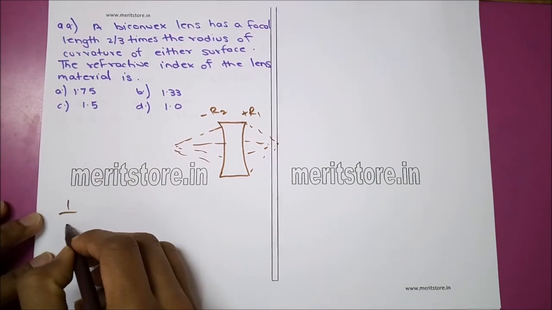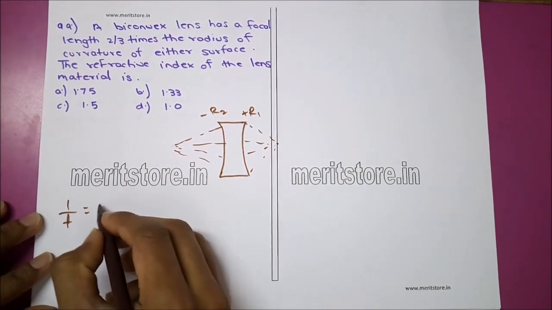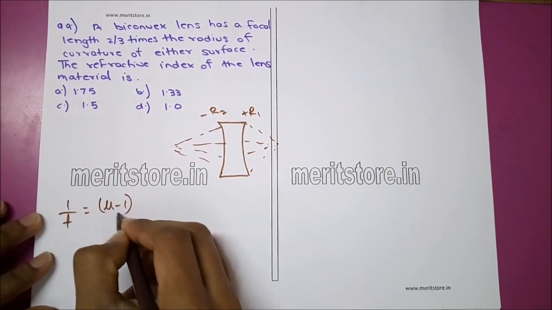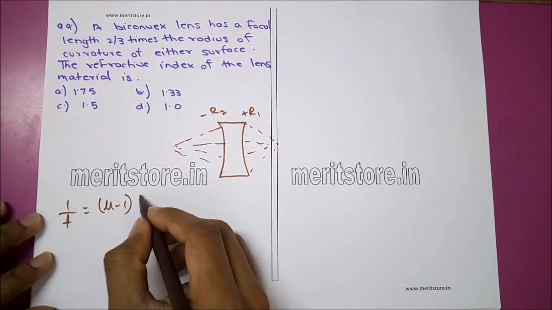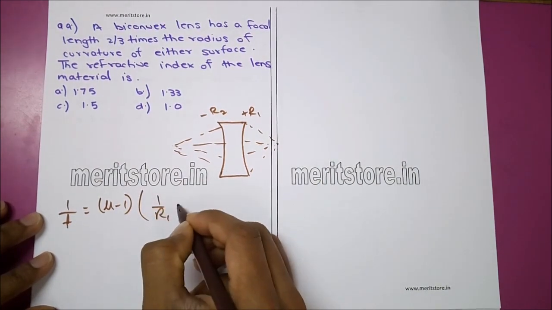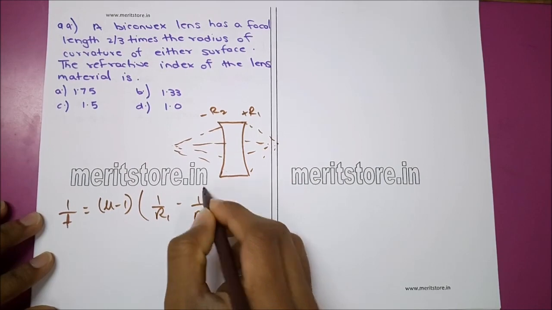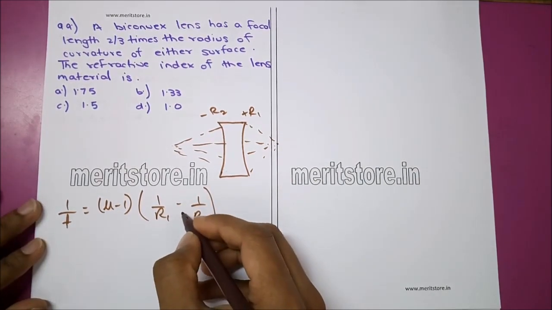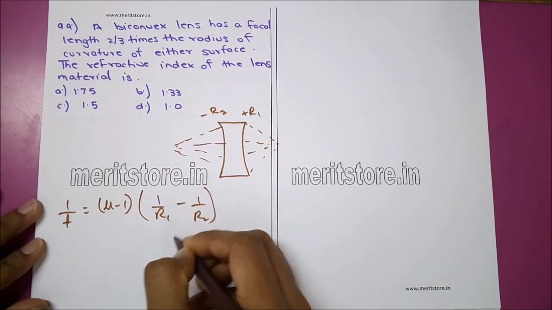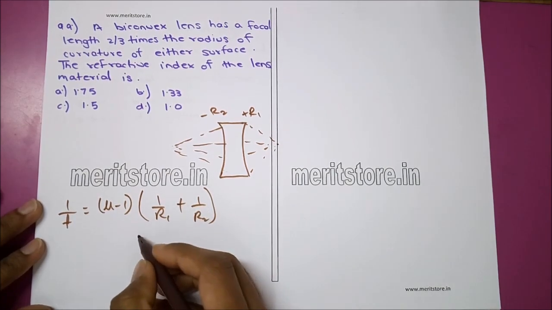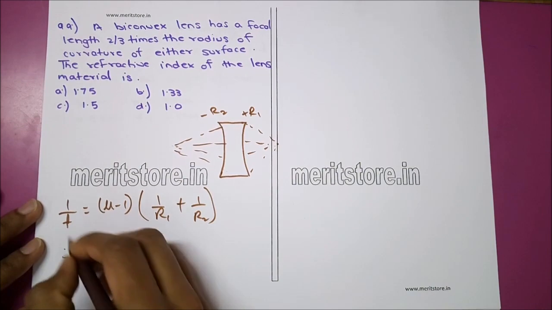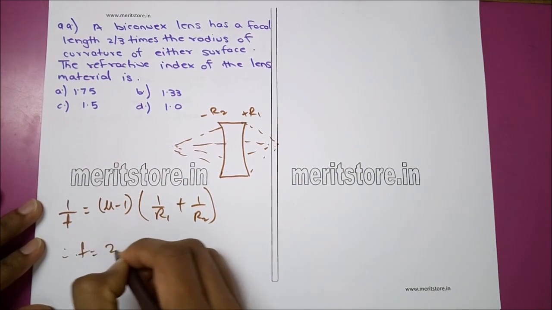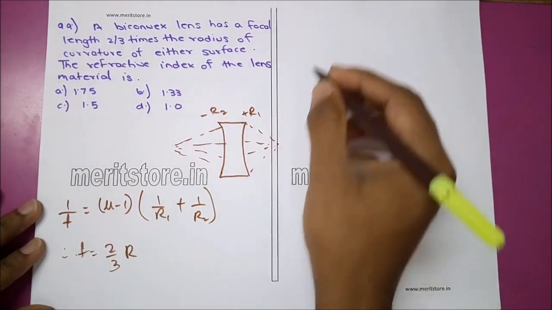So the formula for focal length is given as 1 by f equals mu minus 1, that is the refractive index minus 1, times 1 upon R1 minus 1 upon R2. But since R2 is on the left side, R2 would be negative, so the negative of negative will turn out to be positive. So therefore, the value of f is given as 2 by 3 times R.